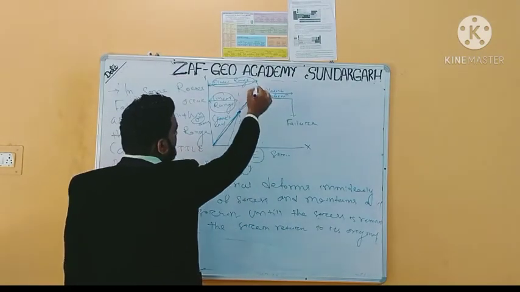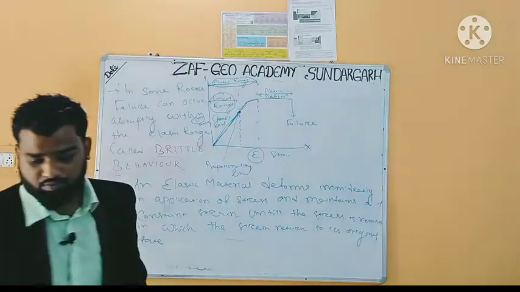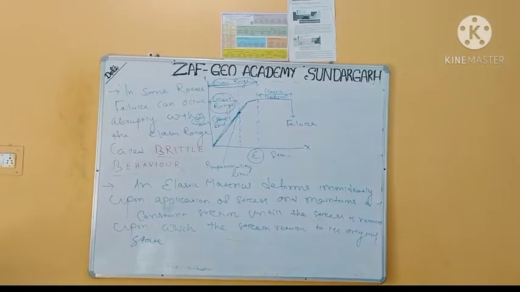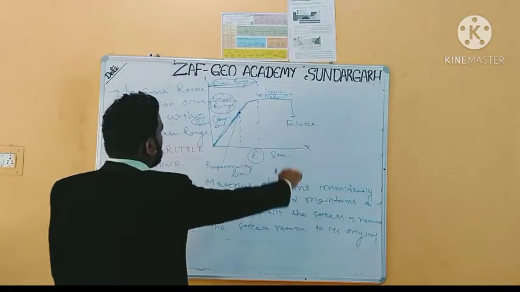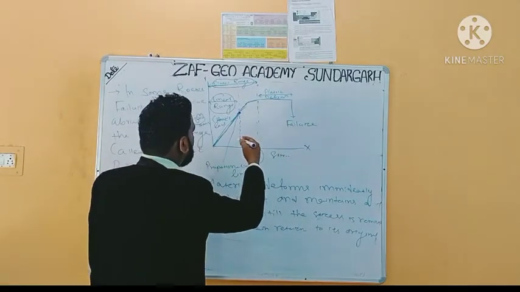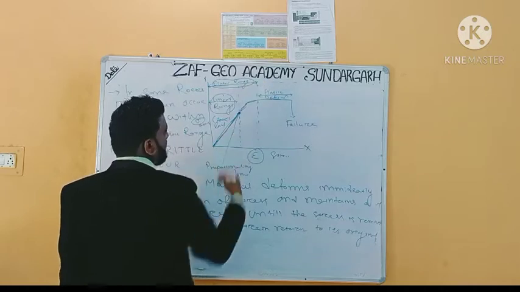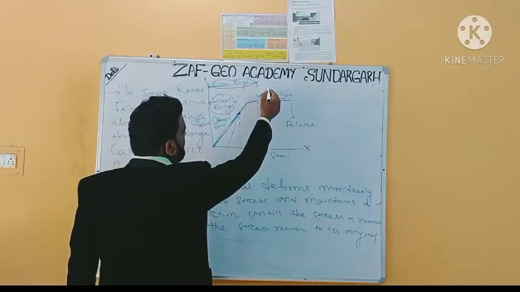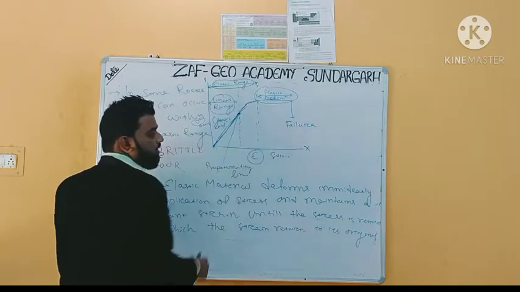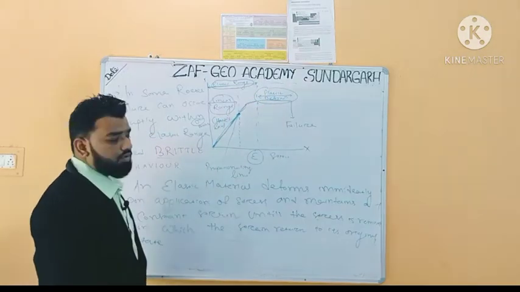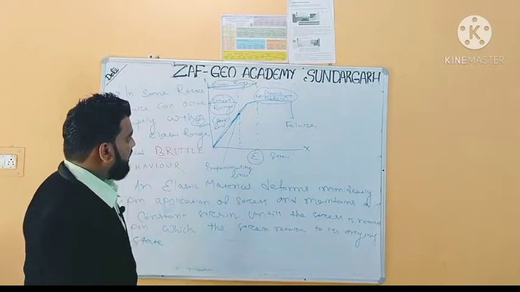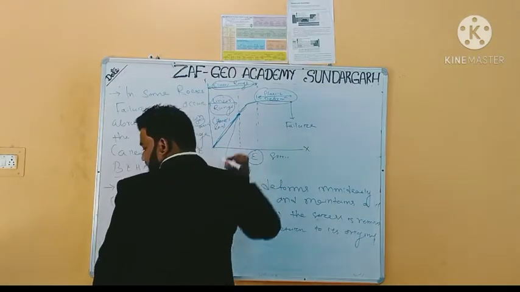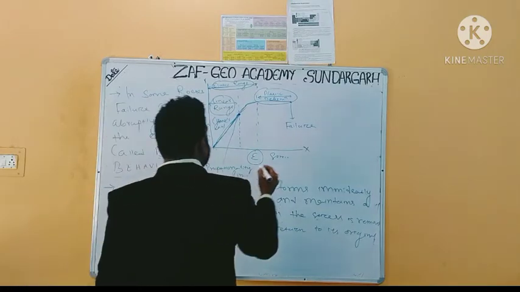Okay. Now, from here up to this point the material will behave like an elastic material, and beyond this point it shows plastic deformation, means the material will no longer be able to return to its original shape, and a certain limit will be reached where failure occurs.